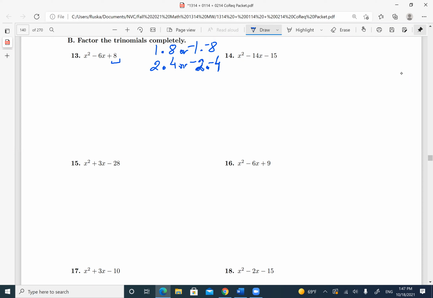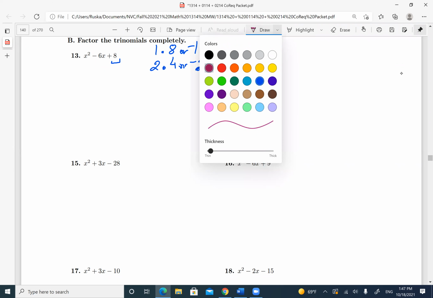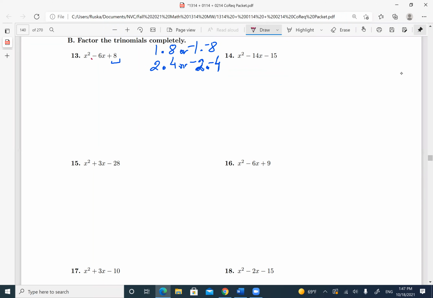So these are all possible combinations of factors which give me 8. So now what you do from here, you're going to find which group of 2 factors add up to the middle number. So what is the middle number? -6. So 1 plus 8 is not -6. Obviously, I'm going to look at the negative numbers. And the numbers I'm going to use are -2 and -4, which add up to -6, right?